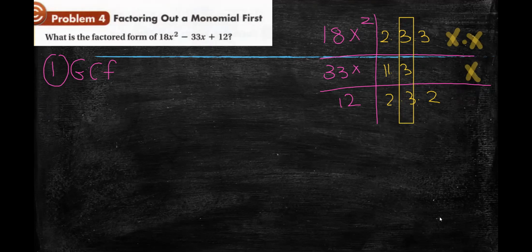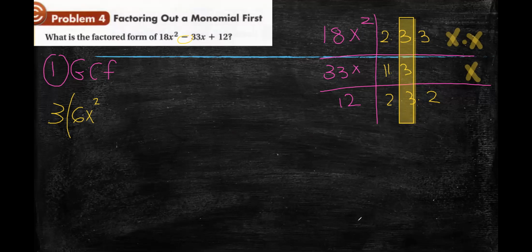So let's now rewrite it as 3 times the same steps. Let's now hide the 3. If we hide the 3, which factors will be left? We have 2, 3, and x squared, which is 6x squared. Plus, now look at the sign here. What is the sign here?